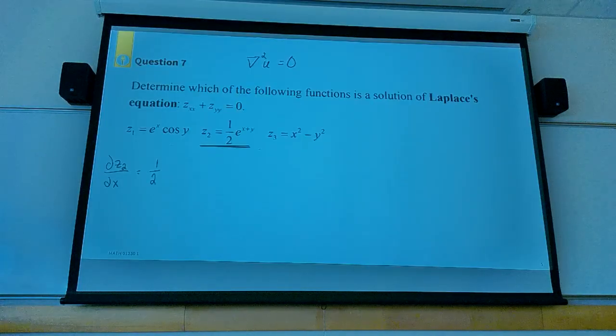Half. Second order partial with respect to x. Partial with respect to y.